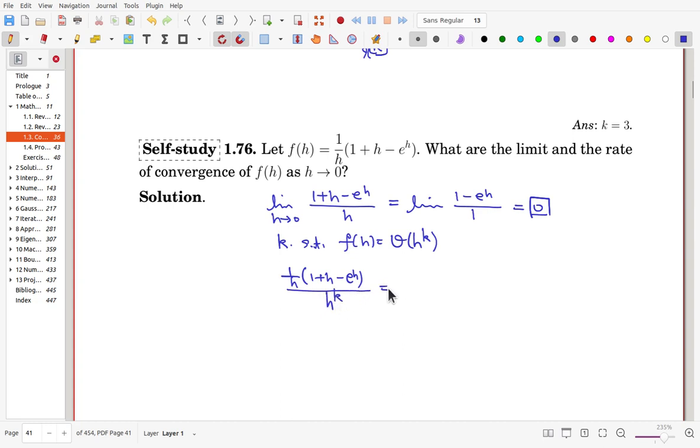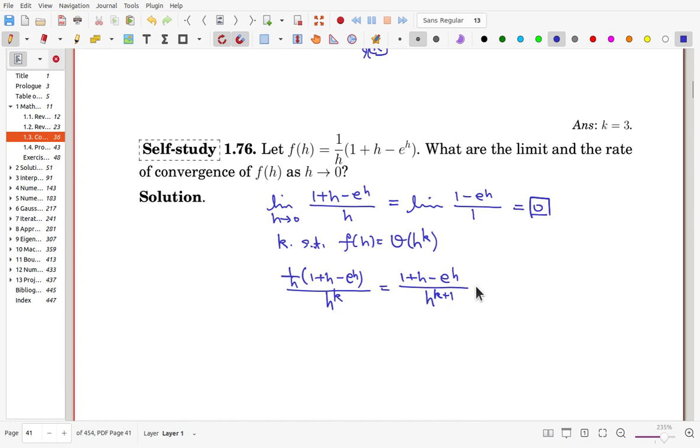So we can rewrite this as (1 plus h minus e to the h) over h to the k plus 1. Now, as h approaches 0, bottom and top are approaching 0.